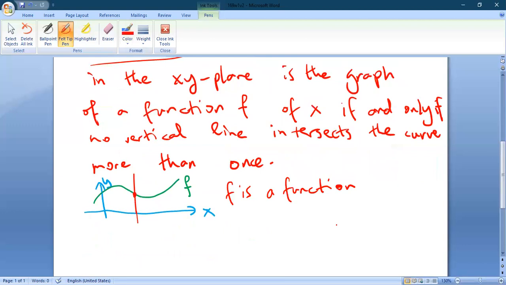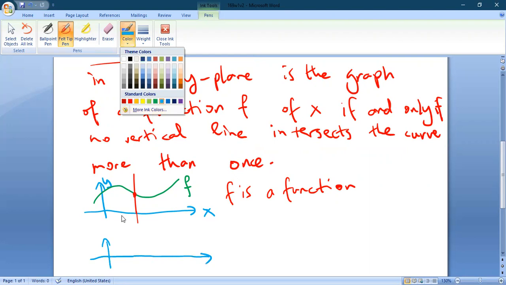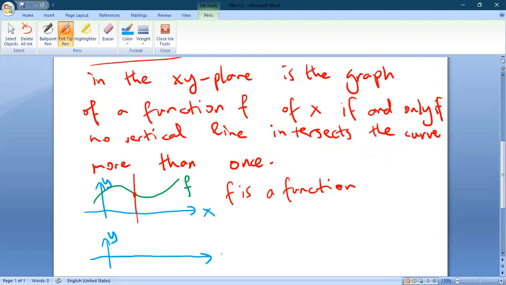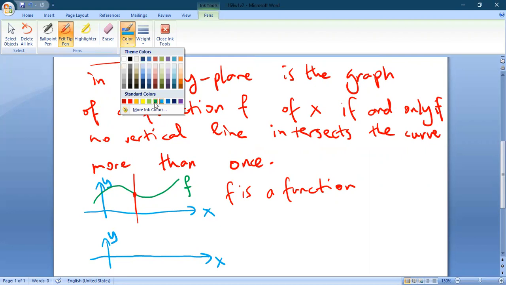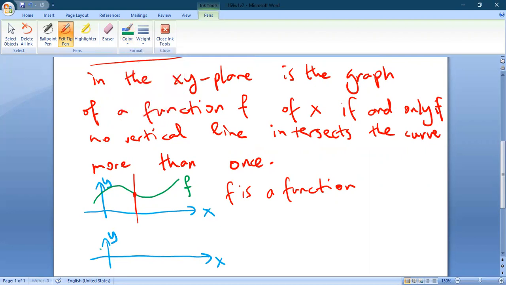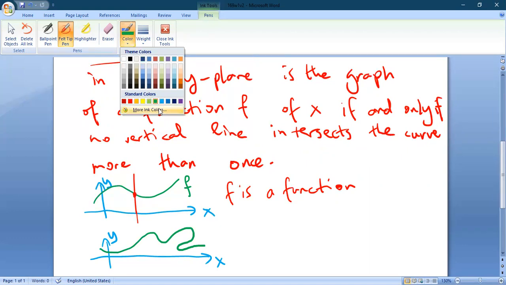But if we have something like this, so this is y, let's say this is x, but the graph is something like this. Now, you see the last part of the graph.